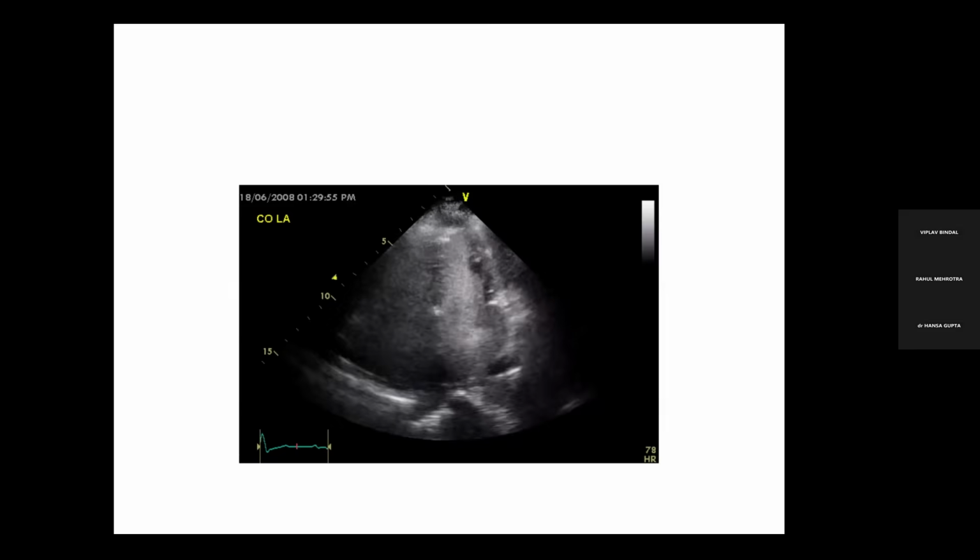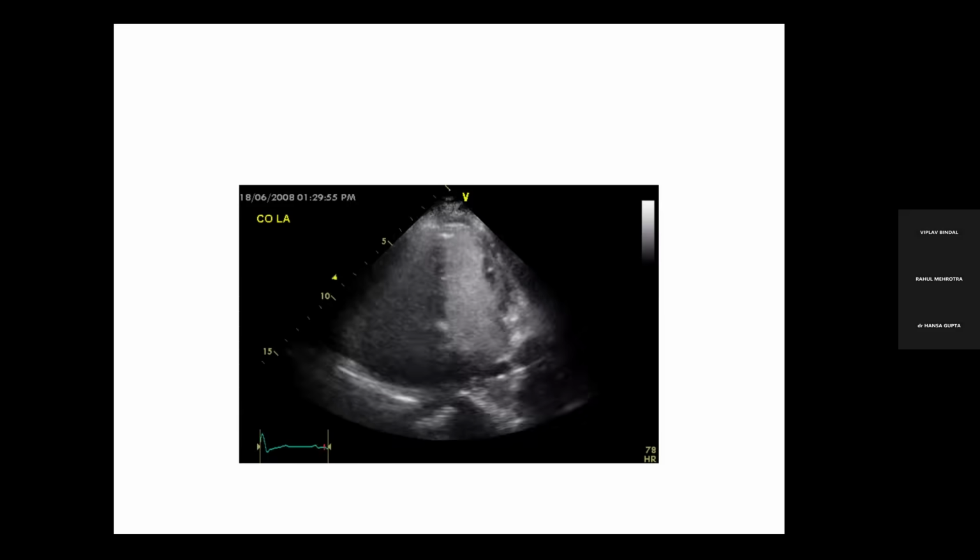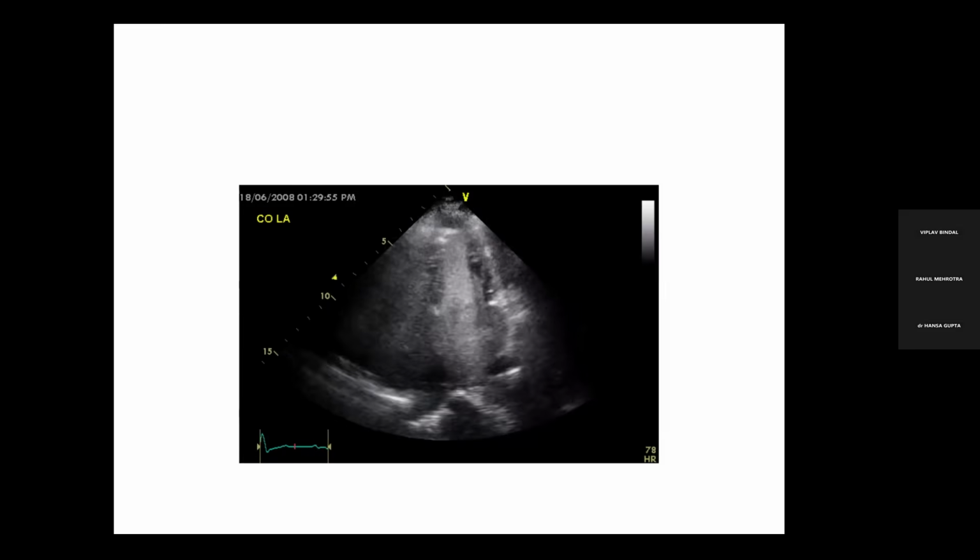The cath lab data is very handy. Now today we are using all disposable catheters. Remember a time when we were using non-disposable catheters. We used to wash them, sterilize them, and reuse them, and a number of times these catheters used to have bubbles inside. So sometimes these bubbles used to go into the coronary circulation.